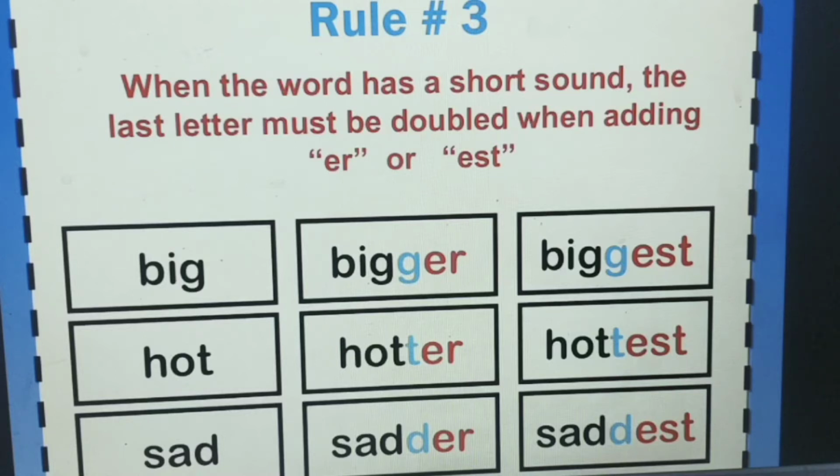Rule number 3. When the word has a short sound, the last letter must be doubled when adding er or est. Examples: big, bigger, biggest; hot, hotter, hottest; sad, sadder, saddest.